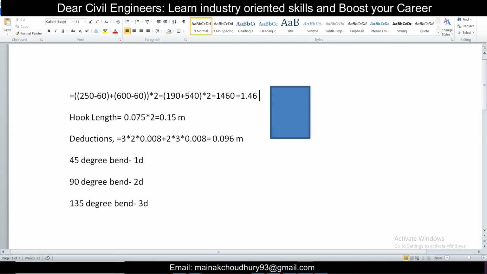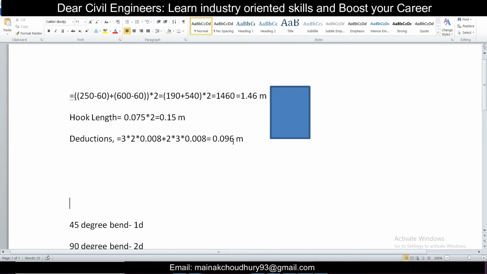1.46 meter. So if we do the total length now, the total stirrup length would be the length which we had calculated for the 250 into 600 beam size.